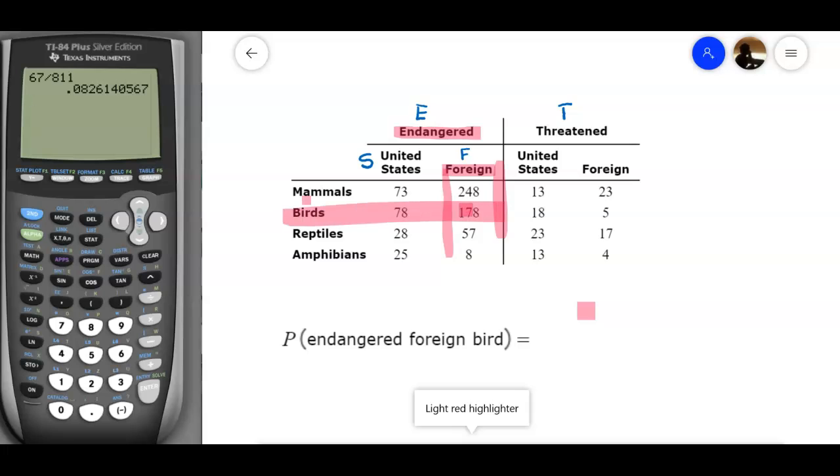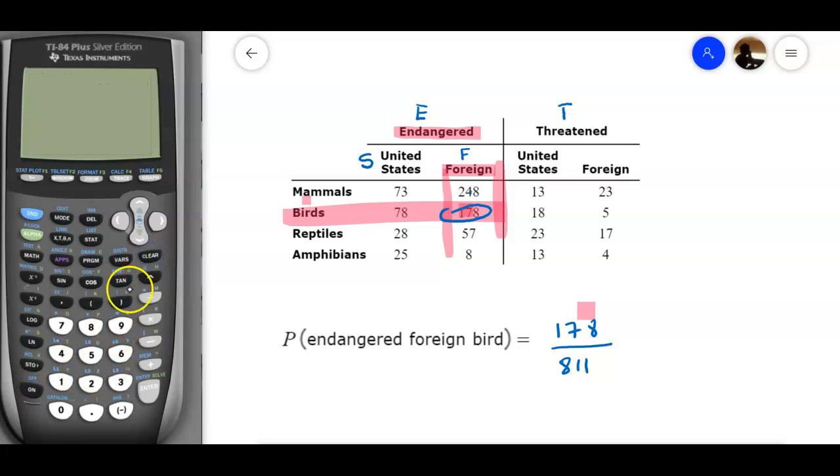So this is the number you're looking for: 178. The probability is going to be 178 divided by the total, which we know is 811. We can use the calculator for this: 178 divided by 811, and that's your probability.